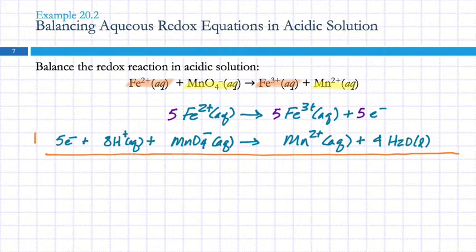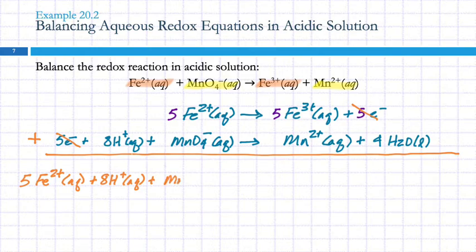Well, what's going to cancel out? The electrons, right? We'll cross those off. We're not going to write those down. And then let's write the other things down. So I've got 5 iron 2 ions, and I've got 8 hydrogen ions, and I've got permanganate ion.